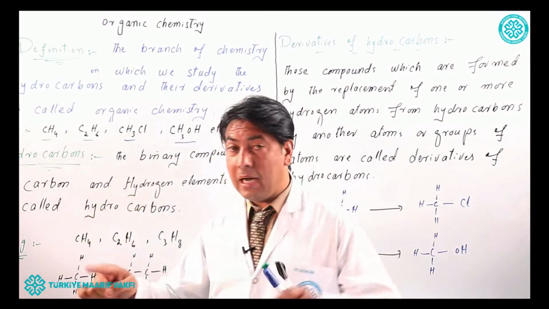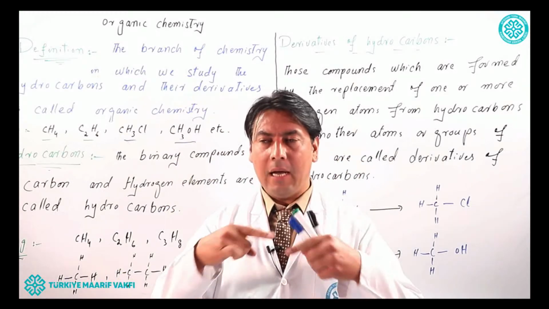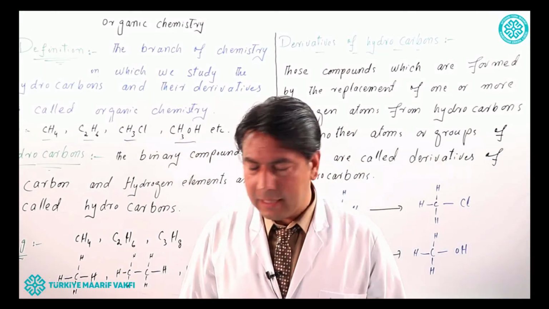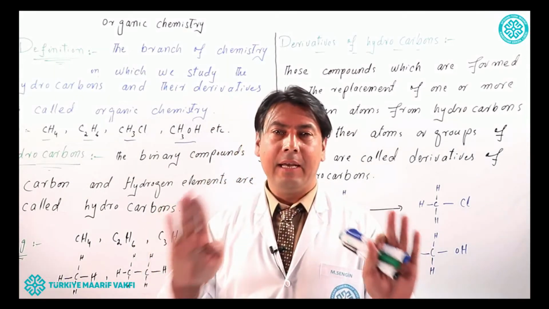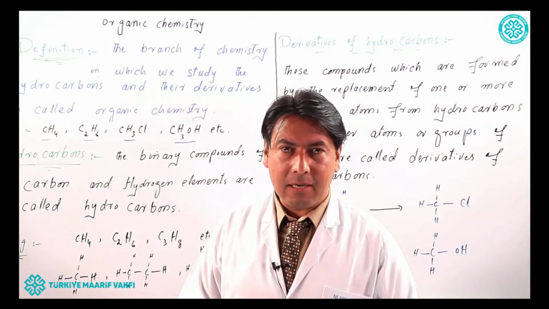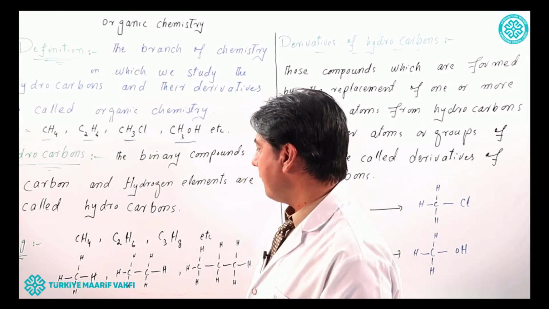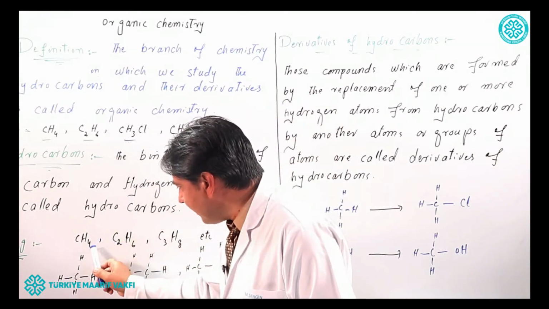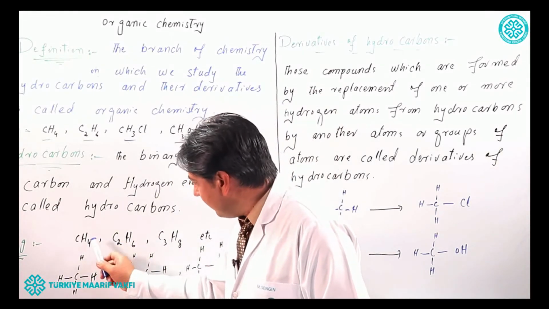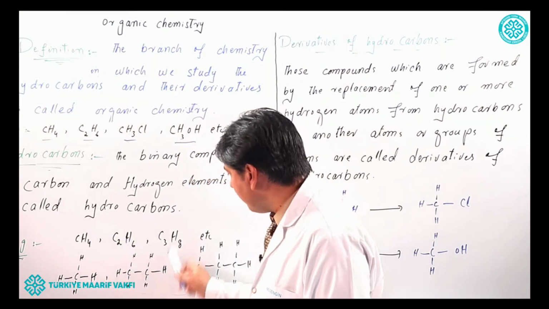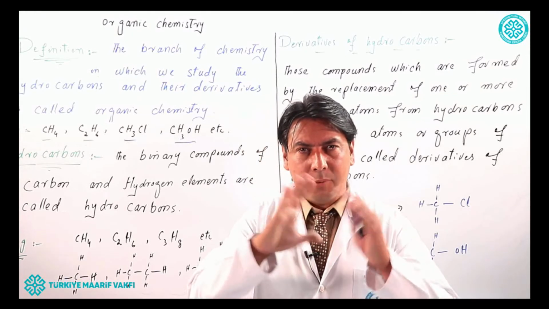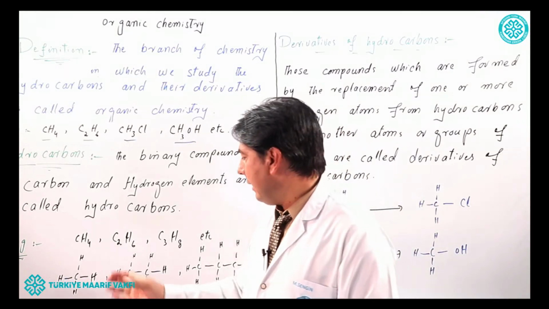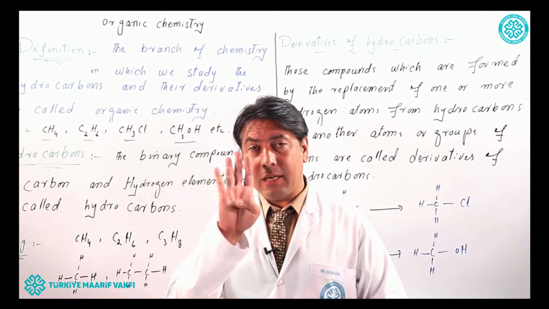From the name hydrocarbon, those organic compounds which contain only carbon and hydrogen are called hydrocarbons. For example, methane, ethane, propane. You know, carbon is an element of group 4 and its valence electrons are 4.